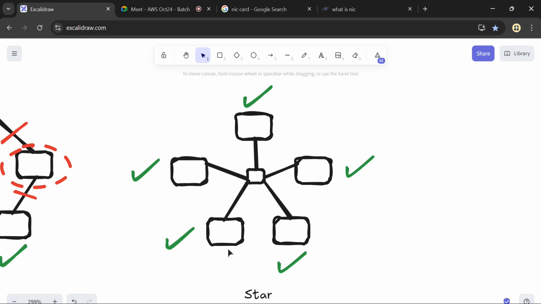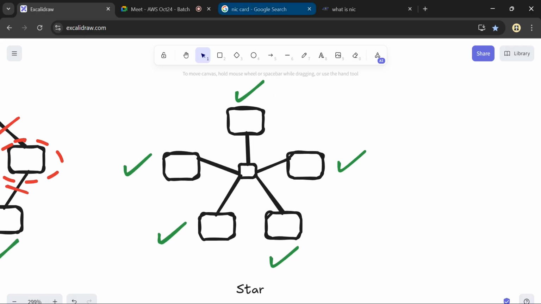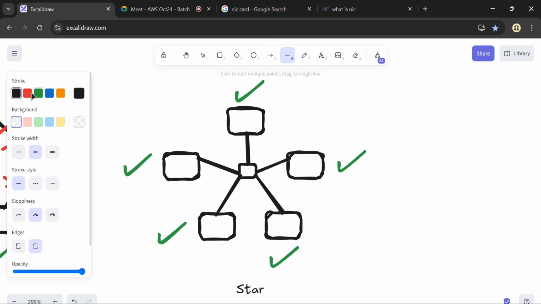And this connection is called a star connection. But again there is a limitation: if this connection breaks, this will get isolated. So this is again a limitation.